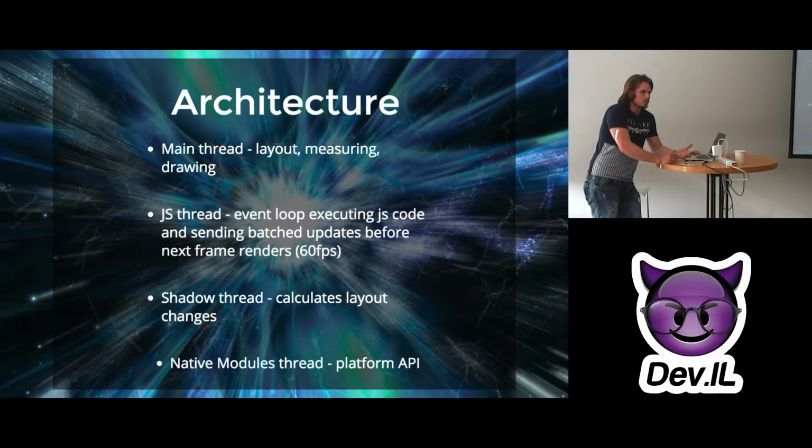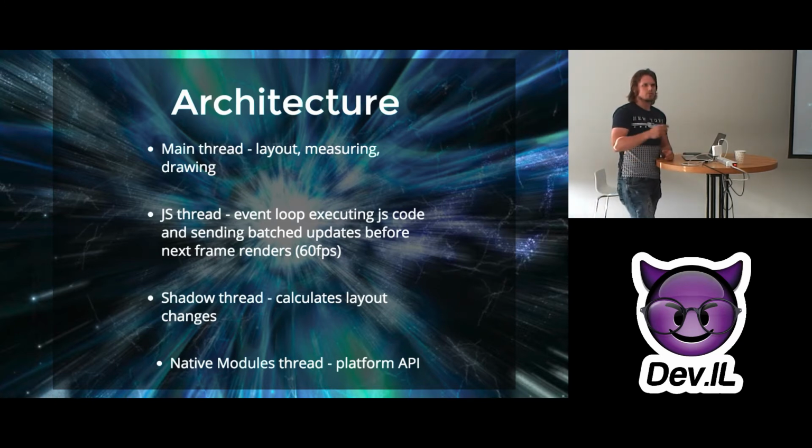And then you have the shadow thread. This thread calculates layout and layout changes and sends it back to the main thread to do the whole drawing. Also, you have several native modules, like video, camera, image pickers of sorts. You have lots of native modules, and each one of these modules will run on its own separate thread.